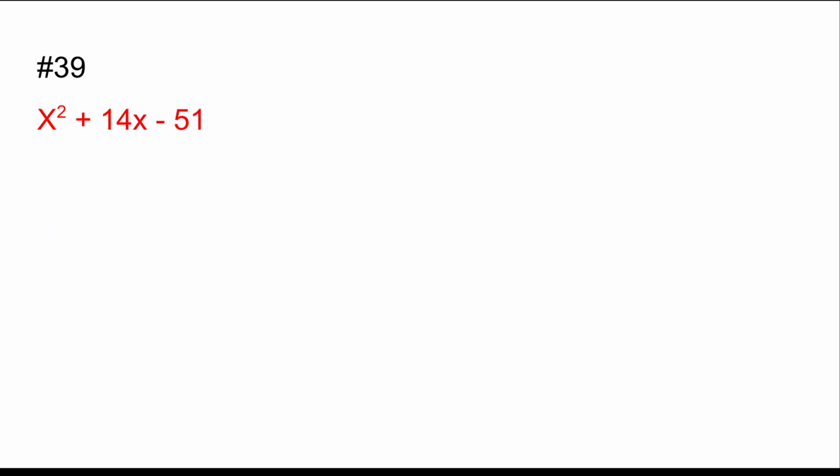39. X squared plus 14x minus 51. 51, that's another one of those strange numbers you might not know off the top of your head, so you should play with your calculator. We know it's not even, so it's not going to be divided by 2, and you can just keep saying 51 divided by 3. 51 divided by 5, no, it wouldn't be, because it doesn't end in 5 or 0. You can use this guess and check method to find your factors.